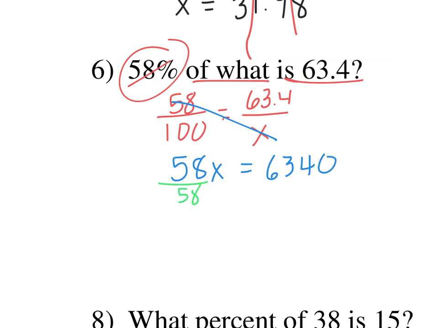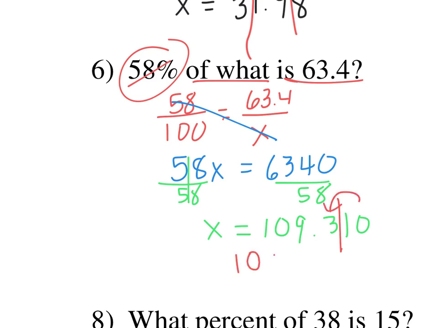Divided by 58. Divide by 58. X equals 109.310. Round to the 10th. 1 doesn't change it. So your final answer is 109.3.